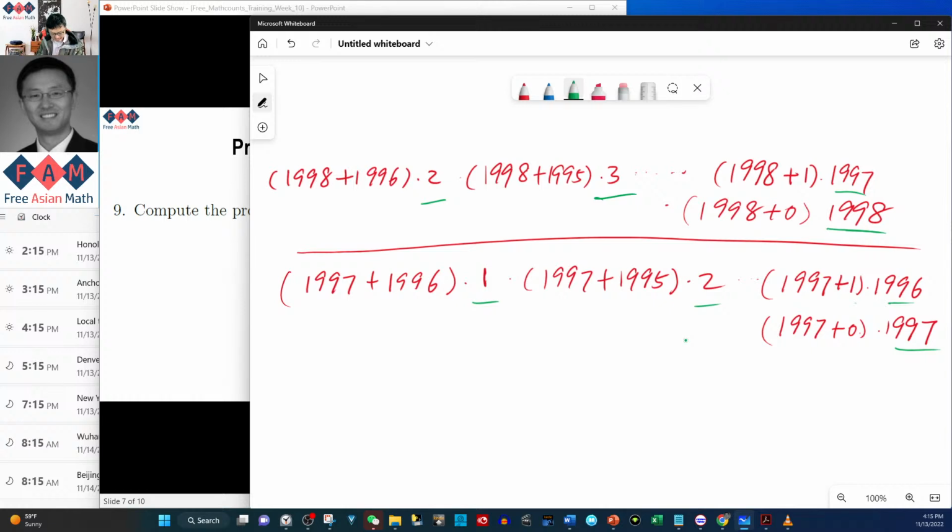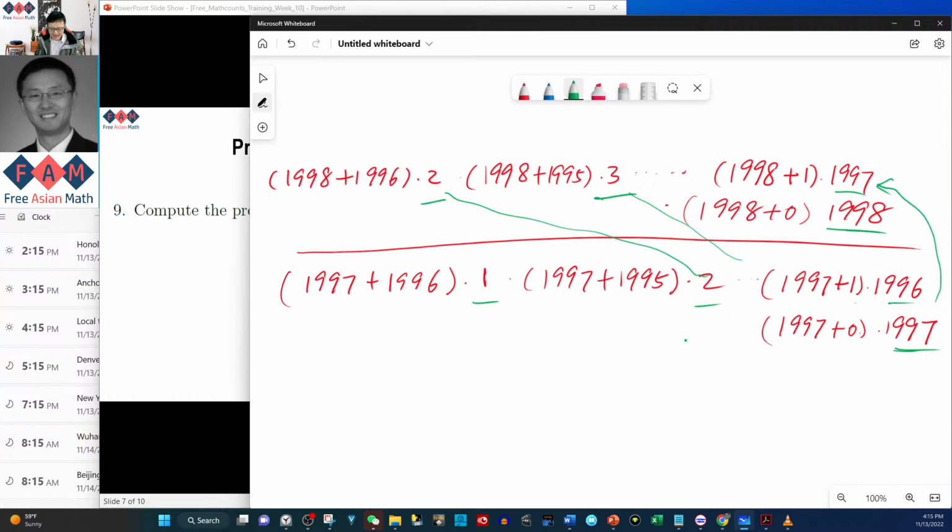You still have the same number of terms, but each one is less than the corresponding term in the numerator. But if you think about it, you just shift it a little bit, then this 2 will match this 2, 3 will match 3, and this 1997 will match this one.